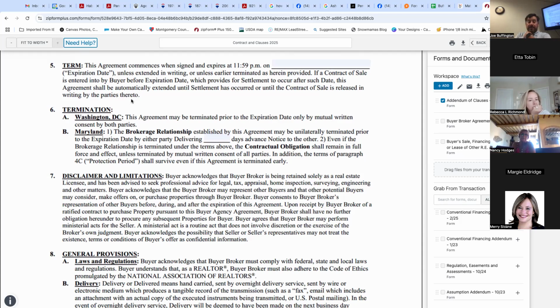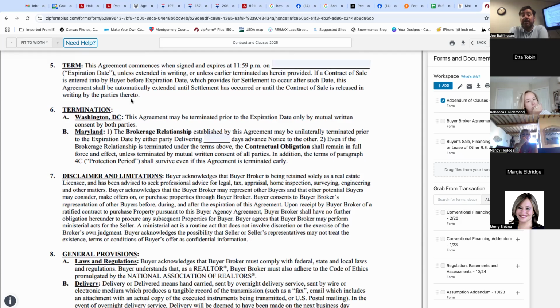Number 6, termination. This agreement may be terminated prior to expiration only by mutual written consent by both parties. In DC and Maryland, we have this 2-step. Unilaterally, the client can fire me as their buyer agent in the brokerage relationship by just sending me 1-way notice.